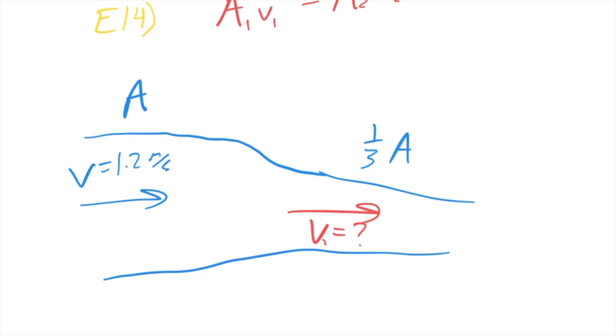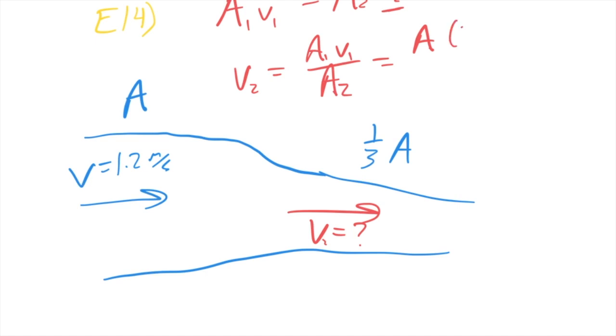If you take area times velocity, you end up getting the volume per unit time, which is the fluid flow. But we're trying to find V2. So we're going to take V2 equals A1 V1 divided by A2. So what do we have for numbers? A1 is just the area. We don't know what it is, but we know it's just A.